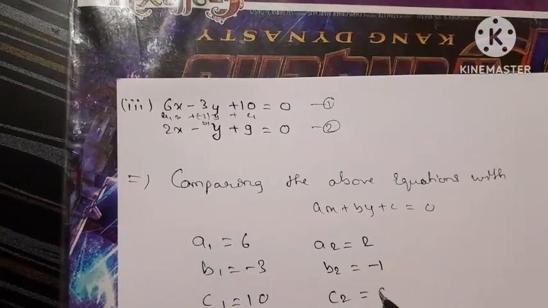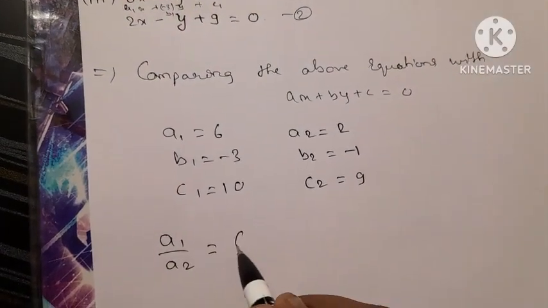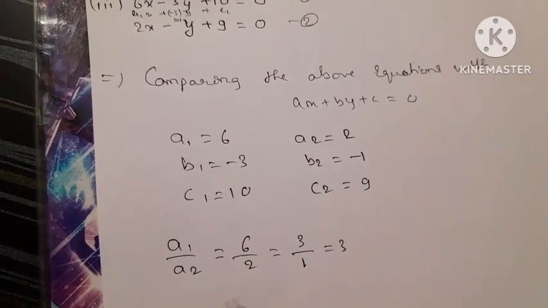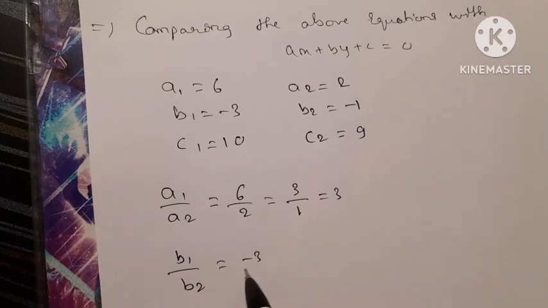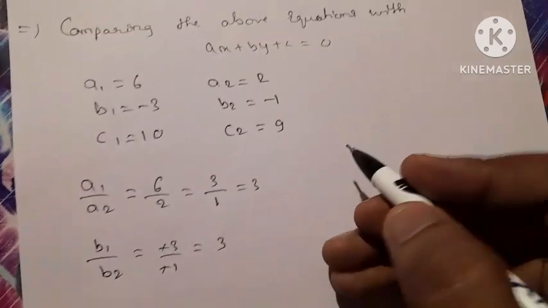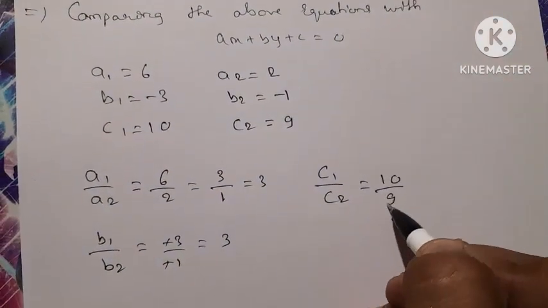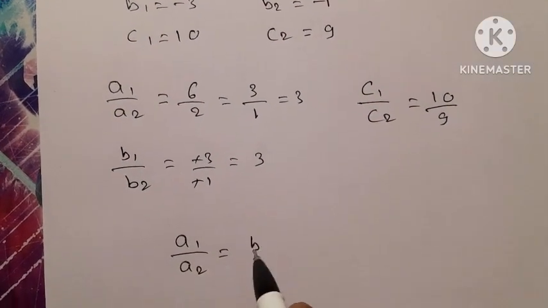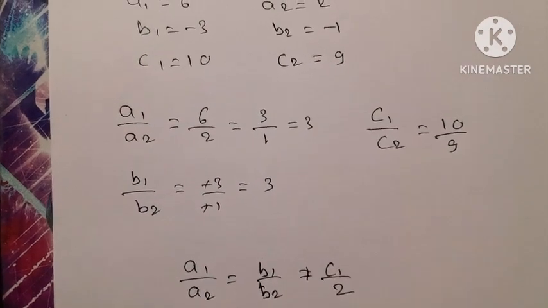c2 equal to 9. So a1 by a2 is equal to 6 by 2 equal to 3 by 1 or equal to 3, and b1 by b2 is equal to minus 3 by minus 1 equal to 3. Minus cancels, and similarly c1 by c2 is equal to 10 by 9. So we can say that a1 by a2 is equal to b1 by b2 but not equal to c1 by c2.